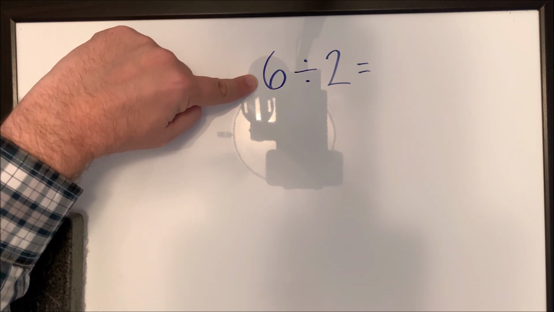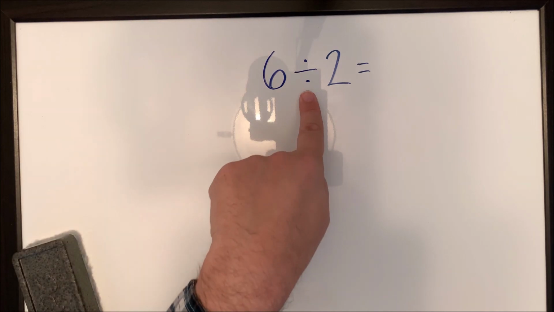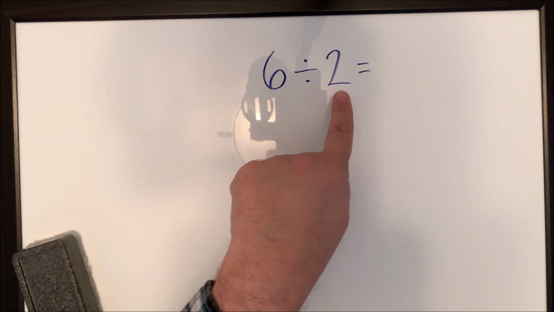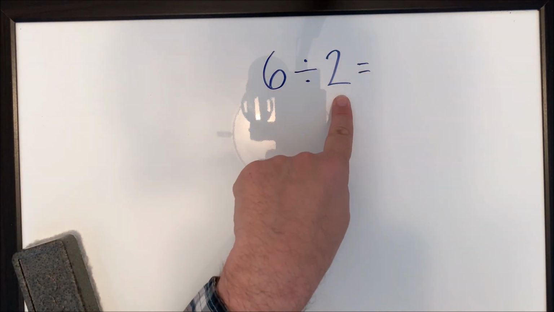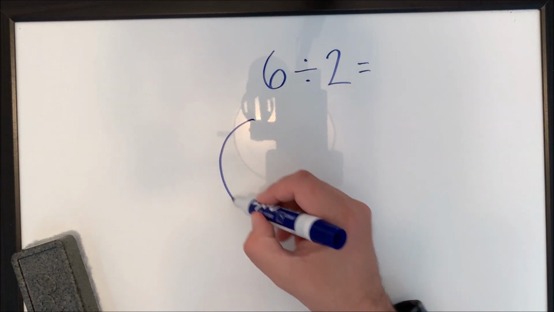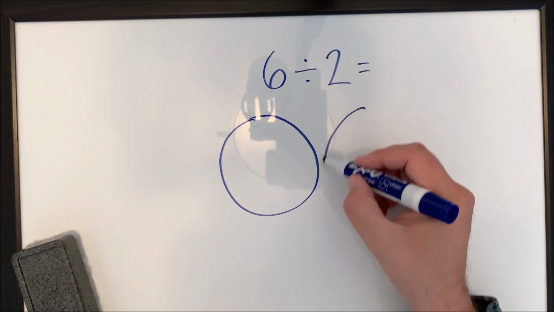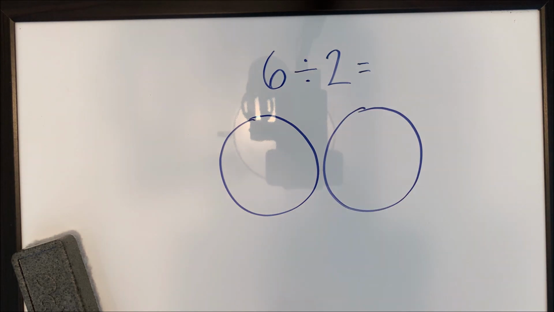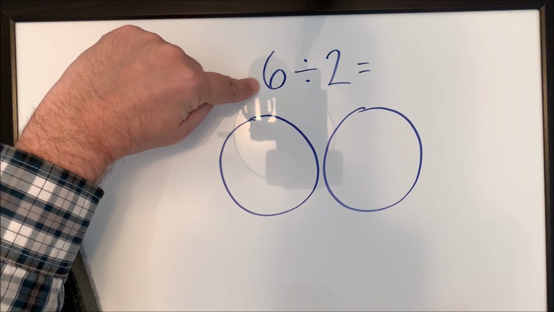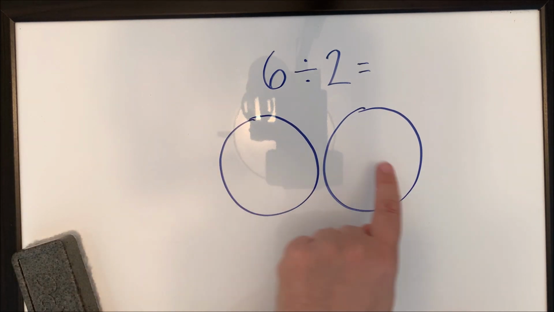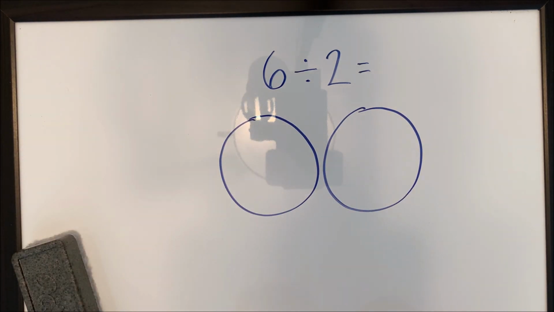So 6 apples divided into 2 equal groups. So I'm going to draw 2 groups. I'm going to divide 6 apples equally into my 2 groups or baskets.